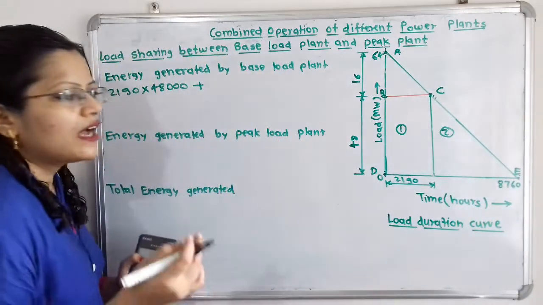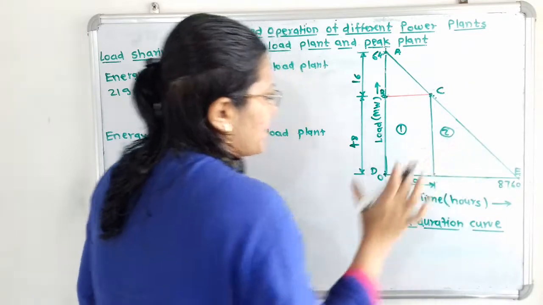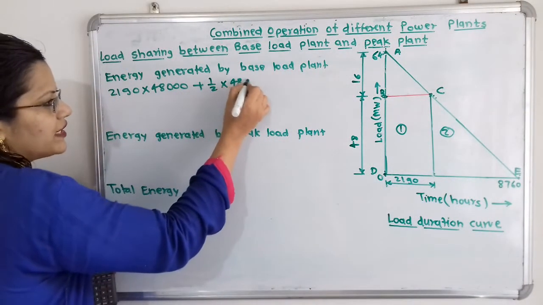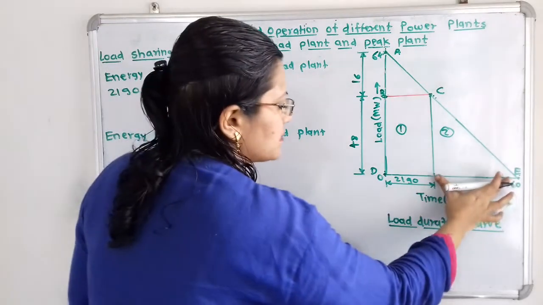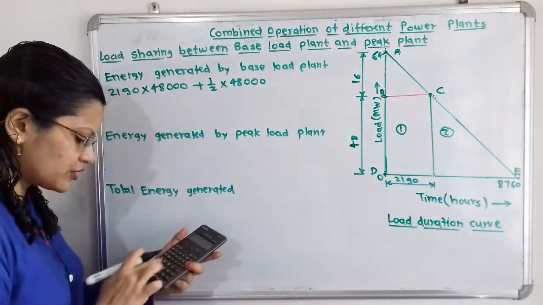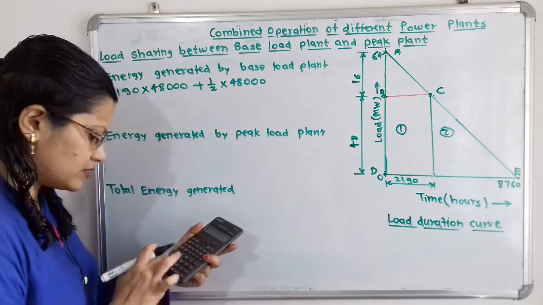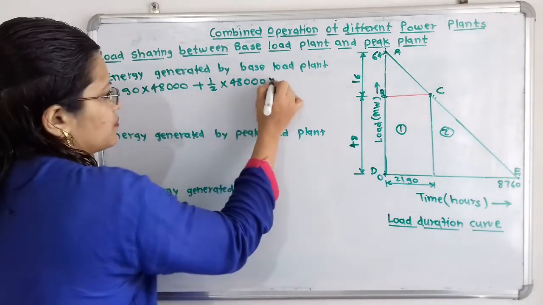We know how to calculate it: half multiplied by height multiplied by base. So half multiplied by height, that is 48,000, multiplied by base. So what is this base? It is 8760 minus 2190, that is 6570.